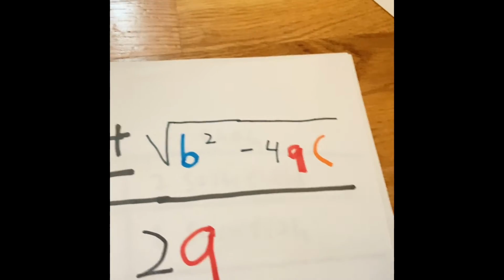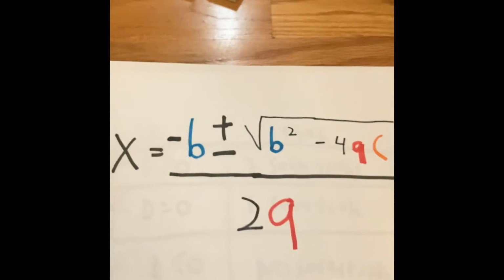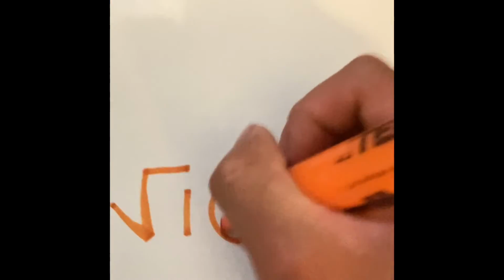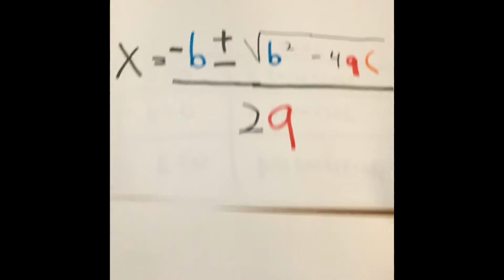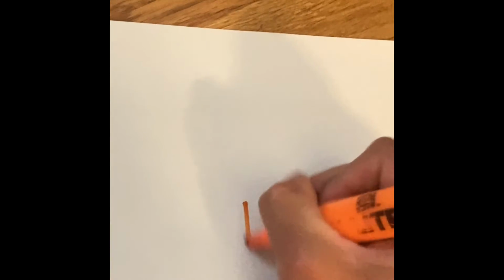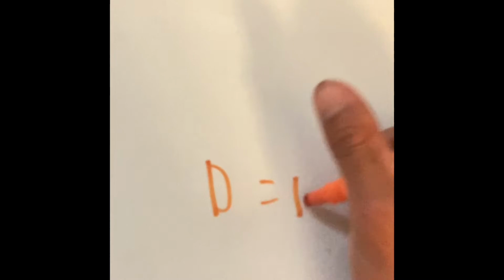Here's an example. If you do the quadratic formula, and let's say you get an answer of the square root of 16, without having to do the actual quadratic formula, we can plug it in right here, and you would still get D equals 16.